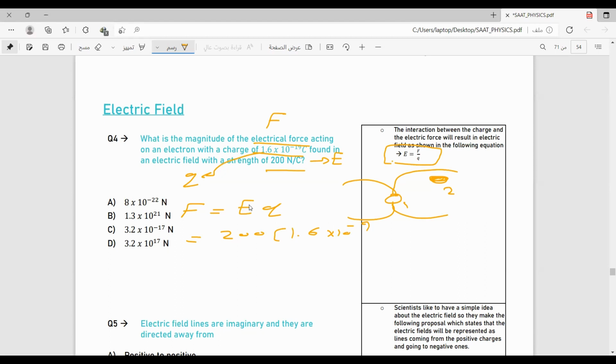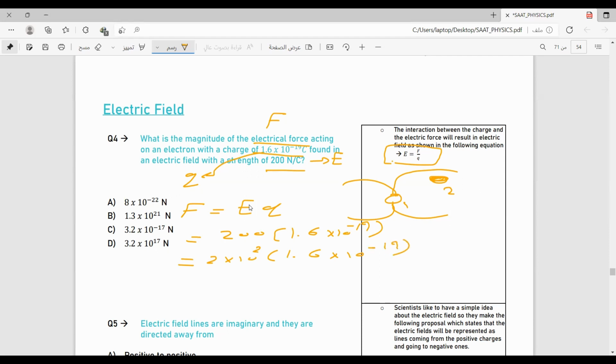Now, this 200 is nothing but 2 times 10 to the power 2. Then again 1.6 times 10 to the power negative 19.